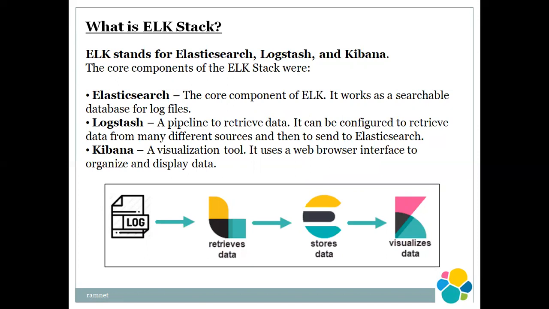Then Kibana, the visualization tool, uses a web browser interface to organize and display the data. You can see all the logs coming up. This goes from retrieving the data, to storing the data, to visualizing the data.